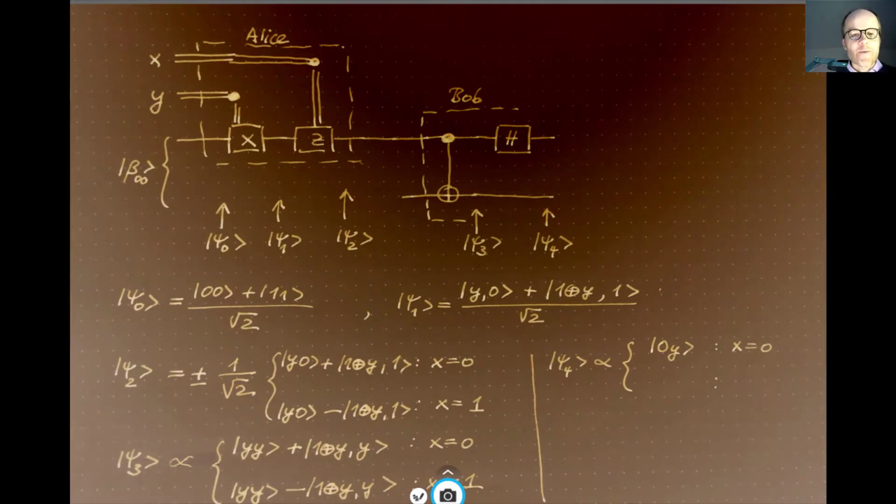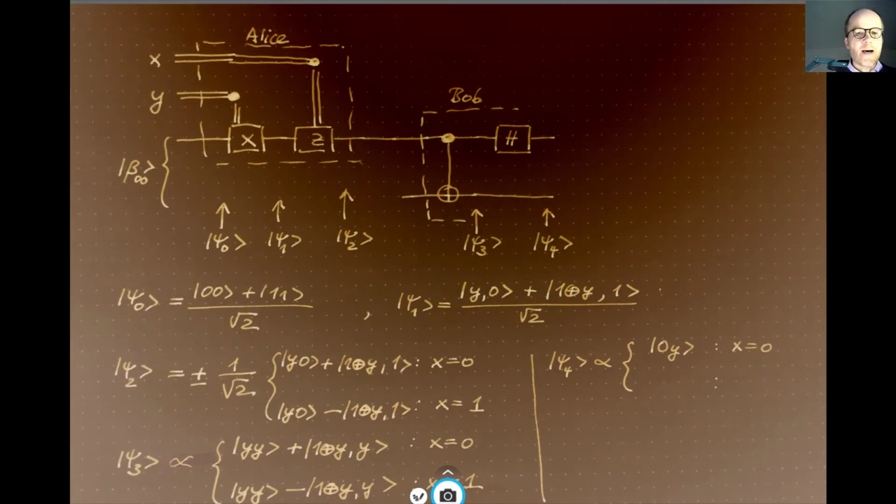In the second case, where x is equal to 1, if you look at psi3 again, also the second qubit is in the basis state y, and the first qubit is in a superposition y minus 1 plus y. So a standard basis state minus the flipped standard basis state. So it's either 0 minus 1 or 1 minus 0, up to an overall sign. That's what we call the minus state.